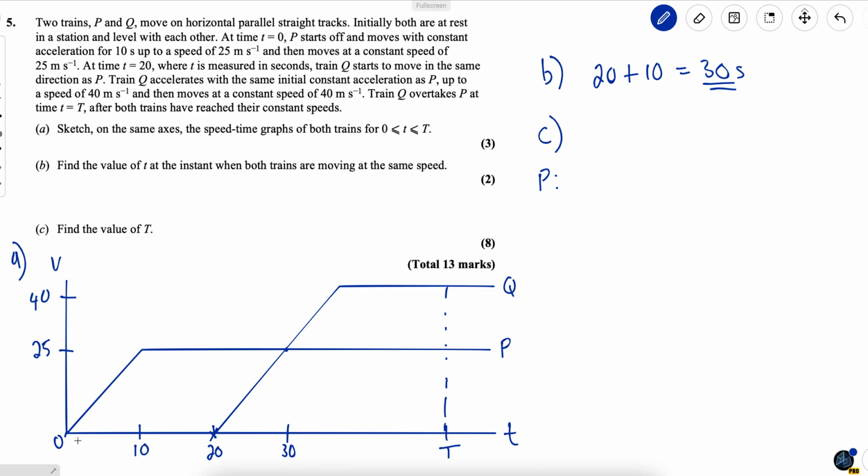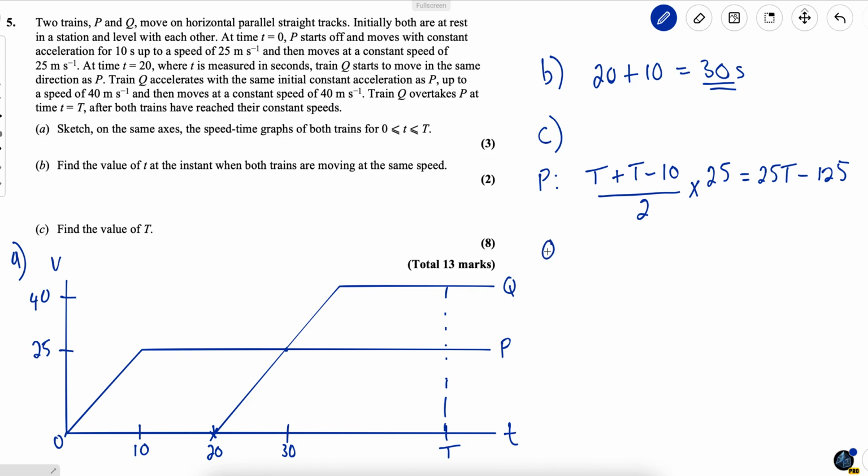The base is t and the top is t minus 10. So t plus t minus 10 over 2 multiplied by the height of the trapezium, which is 25. And if I simplify that, it simplifies to 25t minus 125.